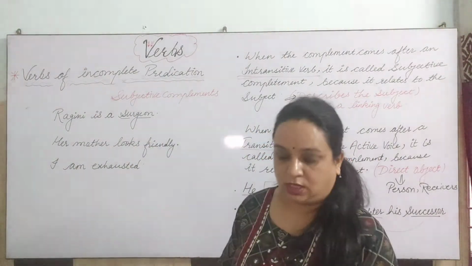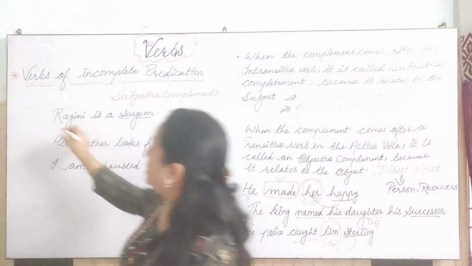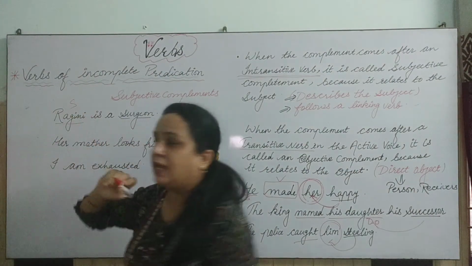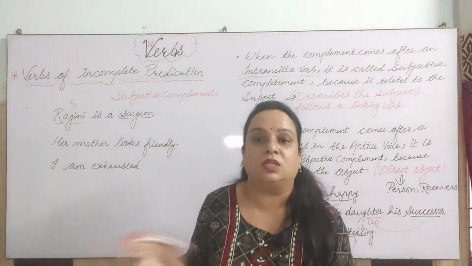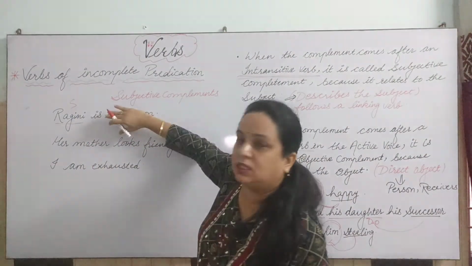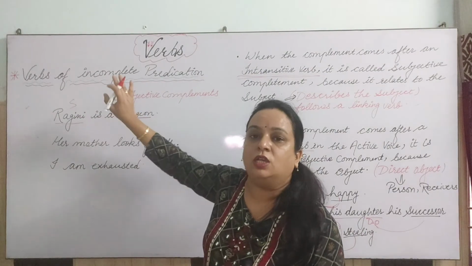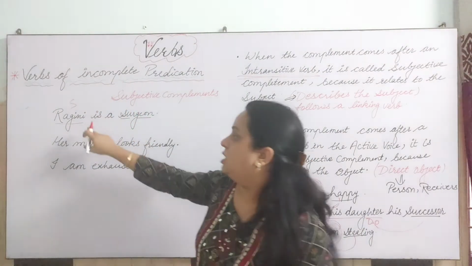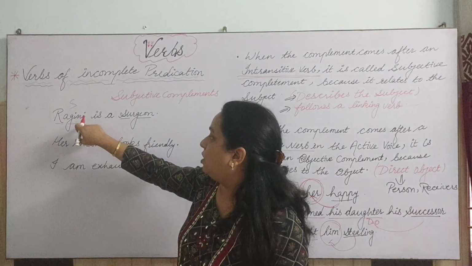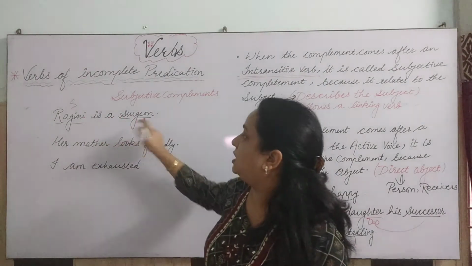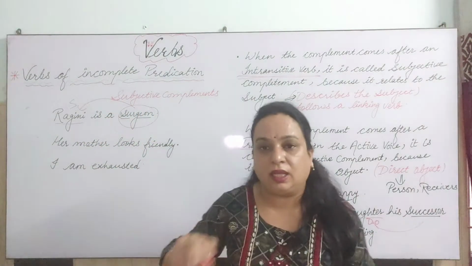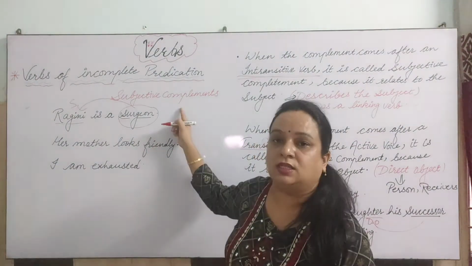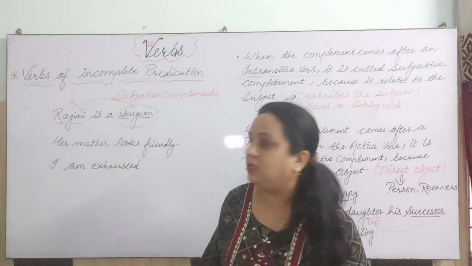For this we have to find the subject. The subject is Ragini. If we keep the sentence only up to here, Ragini is, that will not give a complete sense. Now if I say Ragini is a surgeon, this surgeon is telling something about whom? Ragini. So this is working as the subjective complement in the sentence.